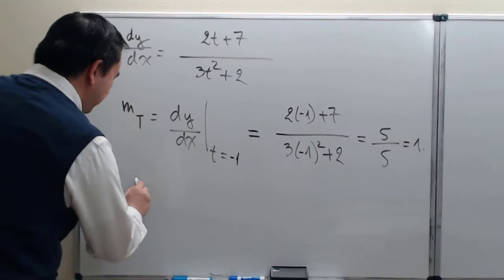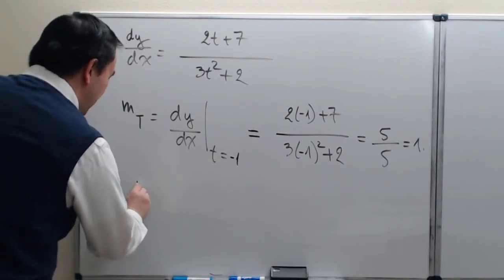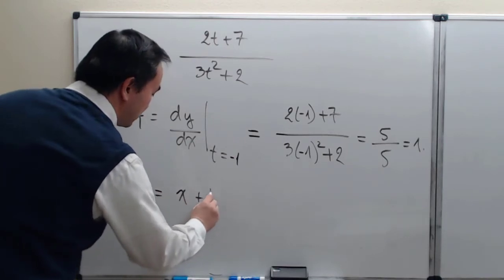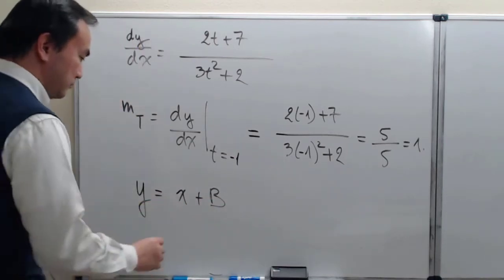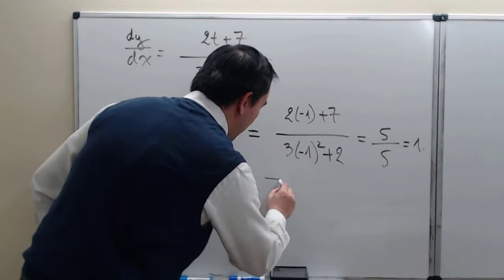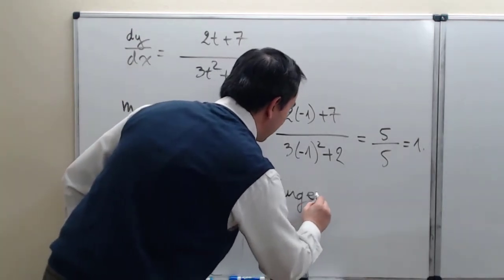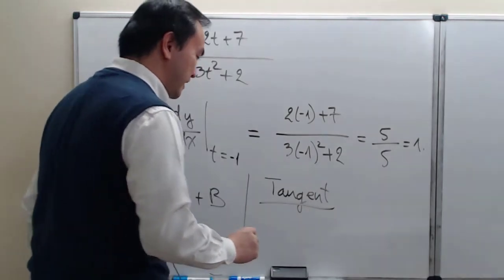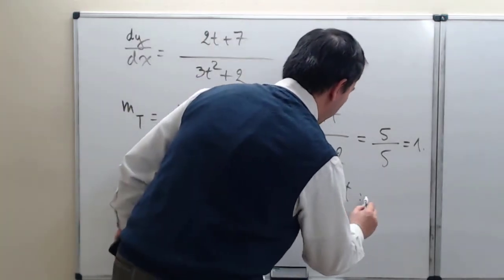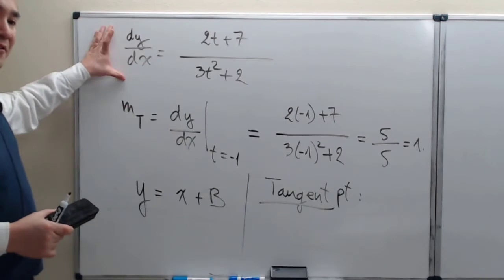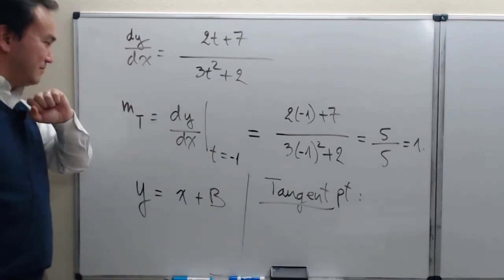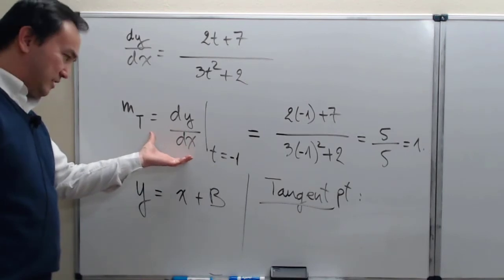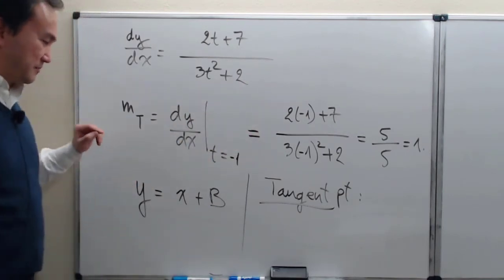So now my tangent line is halfway done. It's going to be 1 times x, which is x, plus b. All I need to know now is what our tangent point is. See, all the standard steps for completing the equation of tangent line are here. We start out always by finding dy/dx, and doing that gets us the slope of our tangent line.